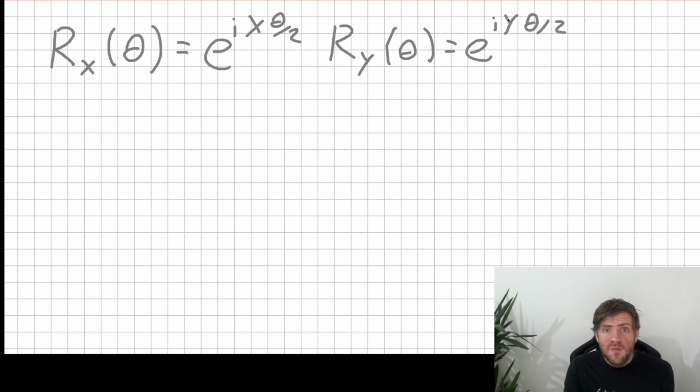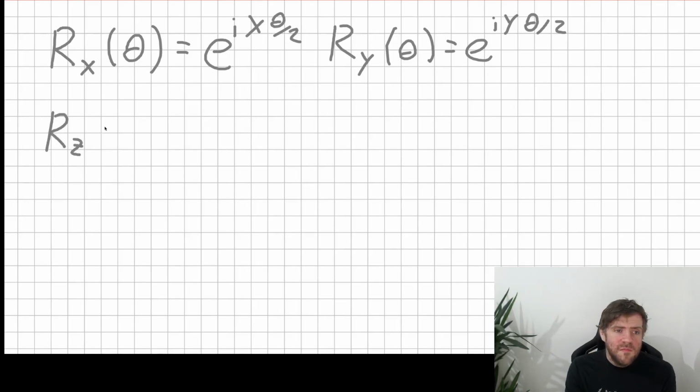Now if we have a case where we can do one of these rotations but we want another of these rotations, and we also have the ability to do Clifford gates, then this is one place where Clifford gates can become useful. So for example, what if we want to do an Rz by some angle theta?